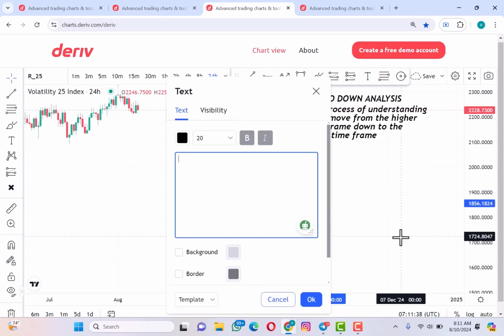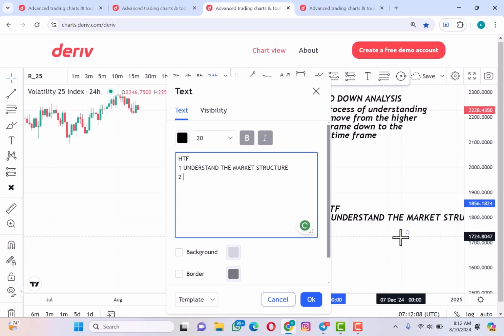On the higher time frame, which I will represent by HTF, things to note: number one, you really need to understand the market structure.